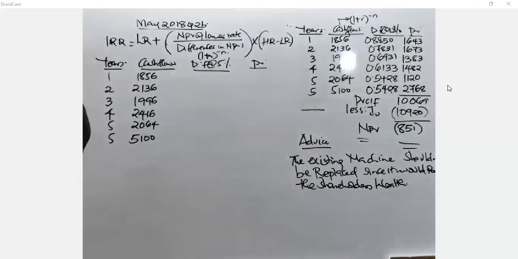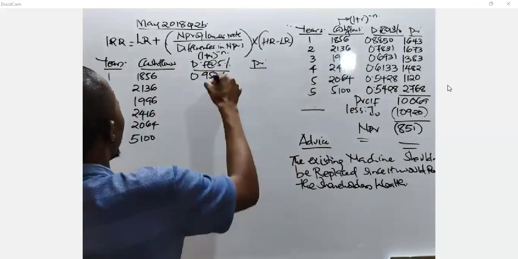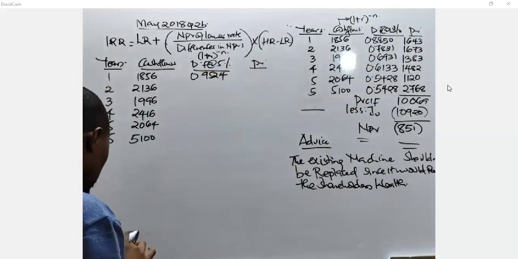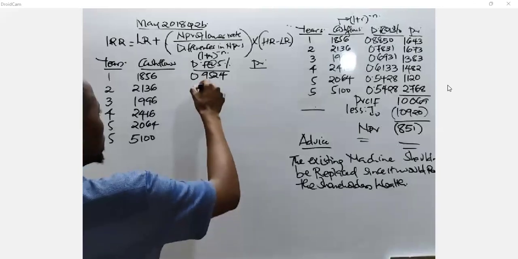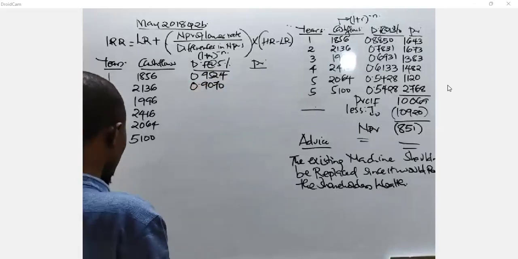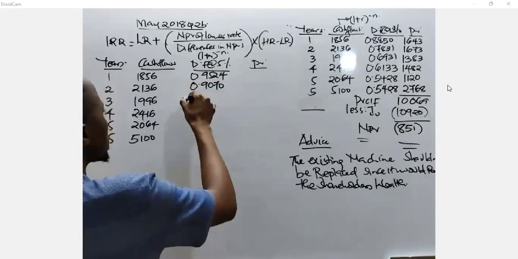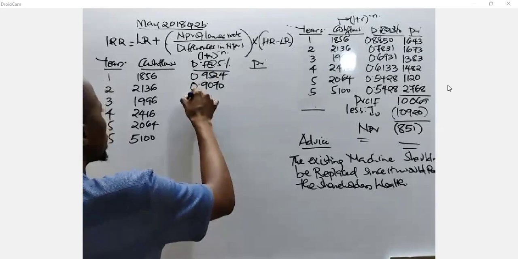Now, in our case here, we are just taking 1.05 raised to negative 1, getting 0.9524. We go to year 2, 0.9070. Year 3, 0.8638.